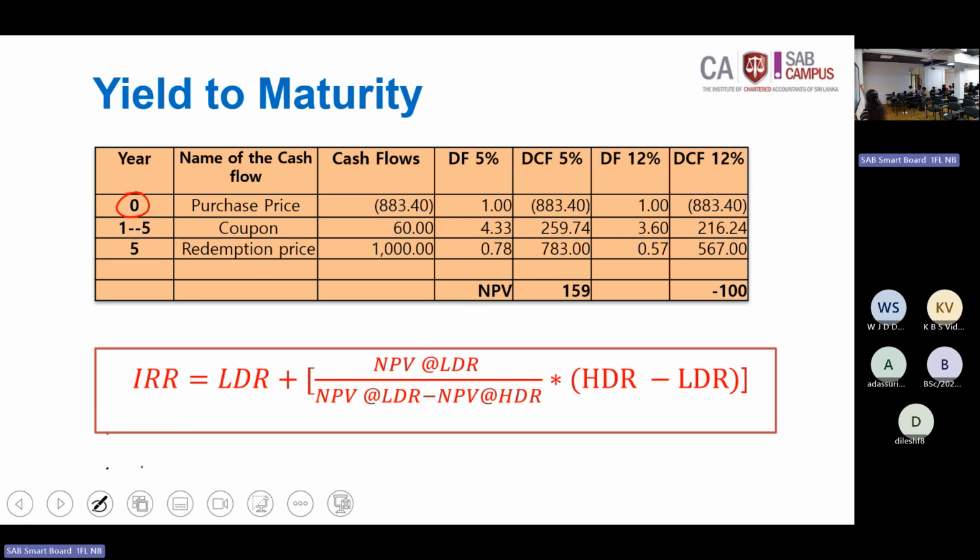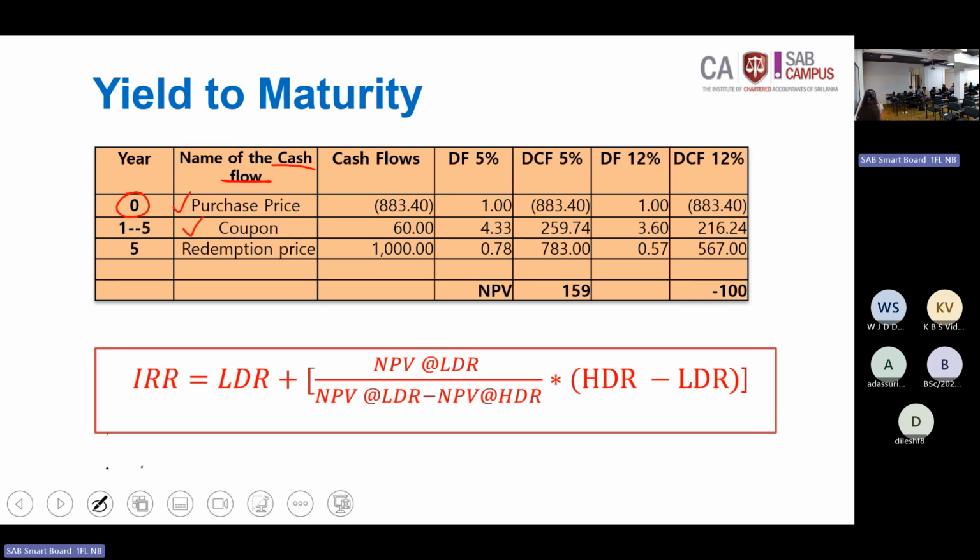Second column, cash flow. What are the cash flows? At year 0, we are going to purchase the bond. So we have a purchase price.